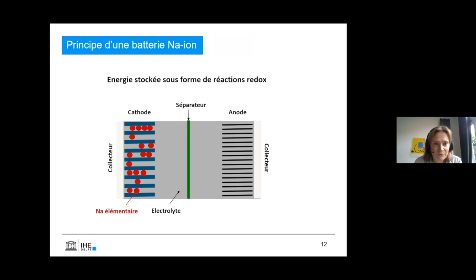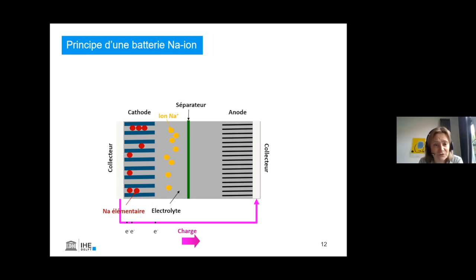So, the principle of a sodium-ion battery: we store energy in the form of redox reactions. In a sodium-ion battery, the cathode, the positive electrode, contains sodium. In the charging phase, sodium ions go through the electrolyte and join the anode, the negative electrode.